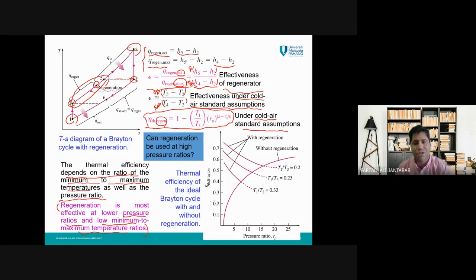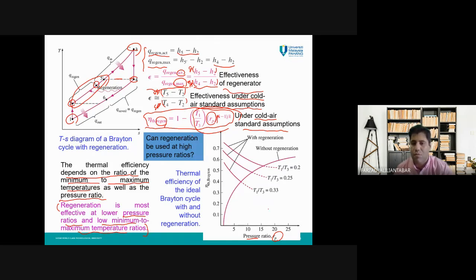When we have a regenerator in the cycle, the efficiency of the Brayton cycle decreases with an increase in the pressure ratio. You can see here, and also here. If we increase Rp, all of these terms increase, and 1 minus something bigger gives us a lower thermal efficiency for a Brayton cycle with regenerator.